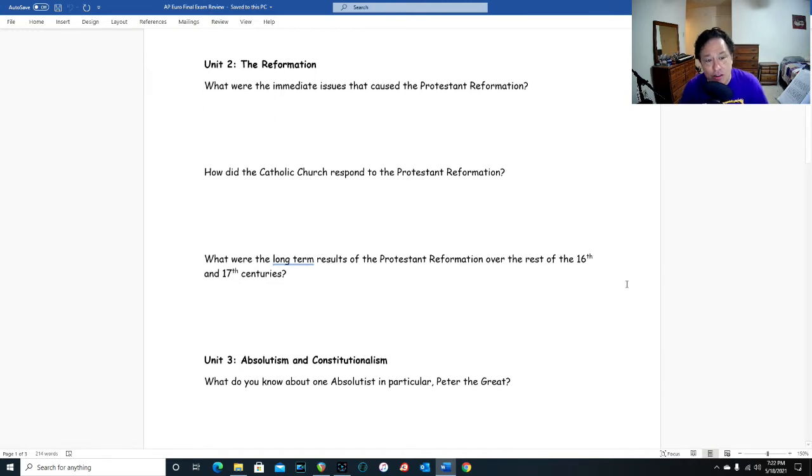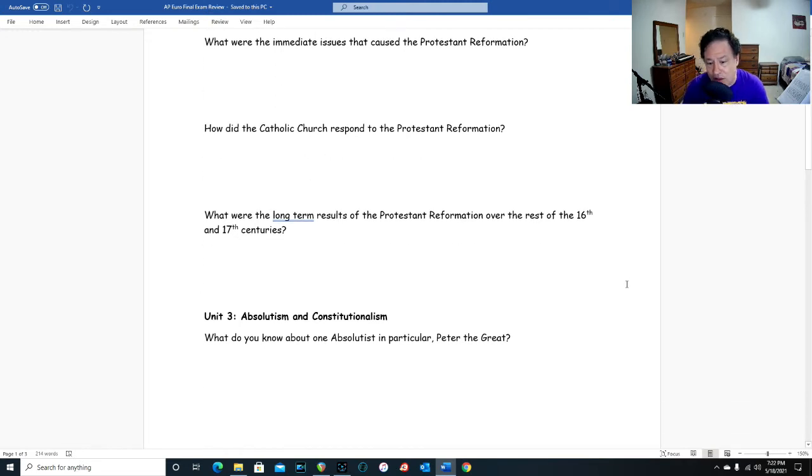So how did the Catholic Church respond to the Protestant Reformation? Keep in mind the Council of Trent, which lasted from 1545 to 1563. Through the Council of Trent, the Catholic Church admitted that they needed to clean up their act, they needed to increase church discipline and training, they needed to get rid of corrupt church practices like simony, nepotism, pluralism, absenteeism.